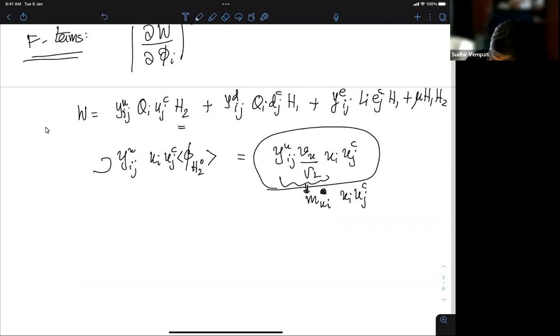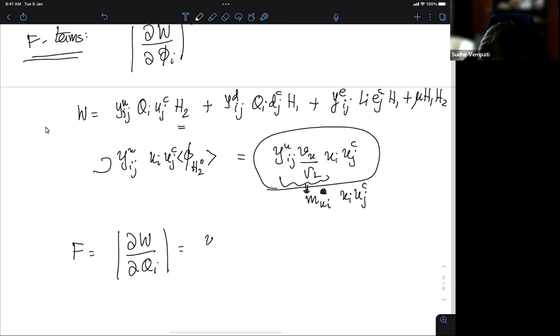The corresponding F term is completely scalar, right? So this will give me completely scalars, ũ_i, ũ_j^c, and φ_H2^0. This is also completely scalar.